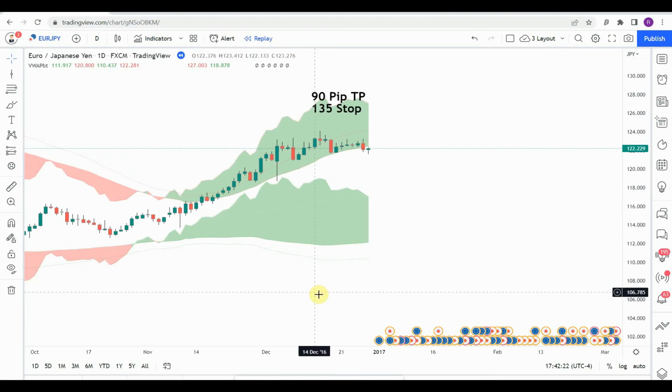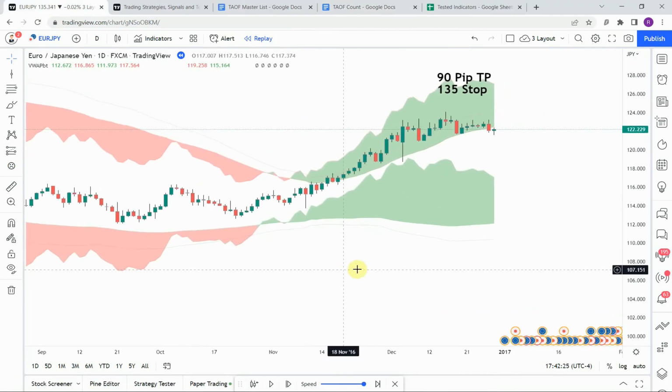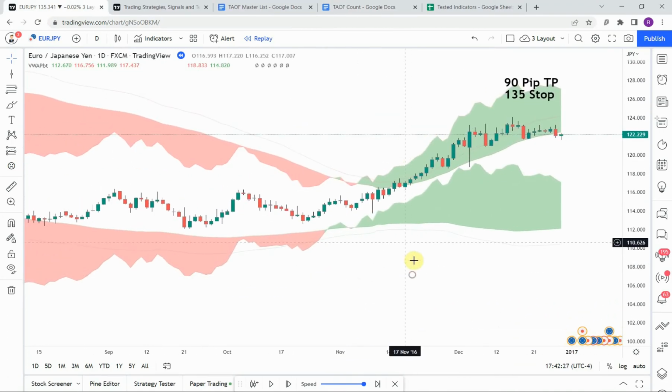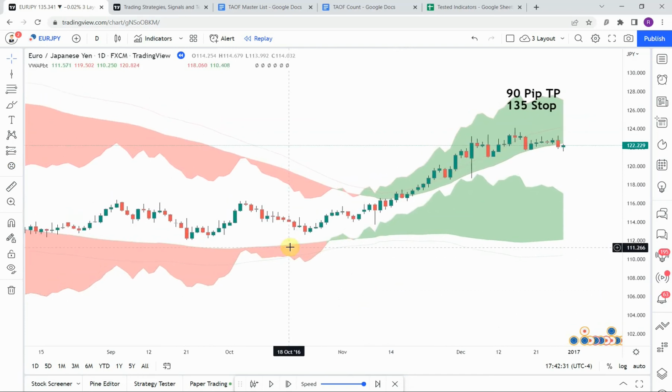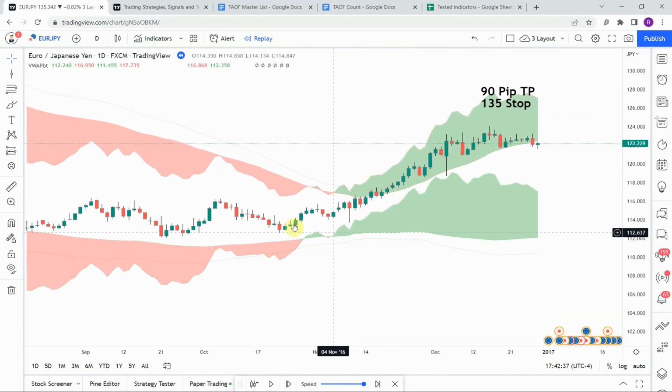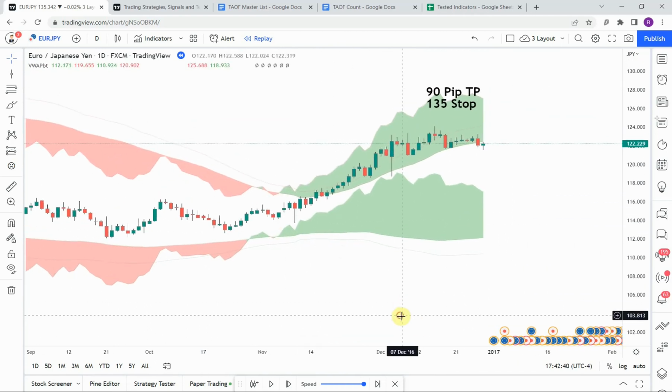Basically, in the last video, what we looked for was simply the change in the background coloration. When the background would go red, we would go short. When it would go green, we would go long. We didn't pay any more attention to anything else, I guess is what I'm trying to say.